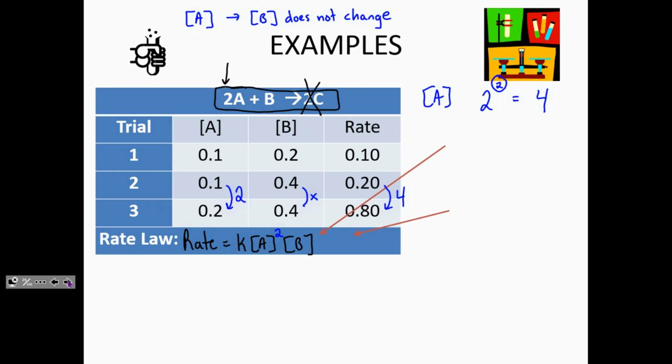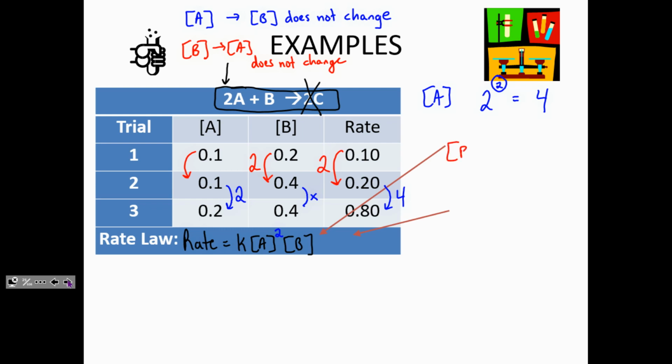And I'm going to have to do the same thing for chemical B. So again, if I'm looking at B, I need somewhere where A doesn't change. A does not change from trial 1 to trial 2. B doubles. What happens to the rate? It also doubles.